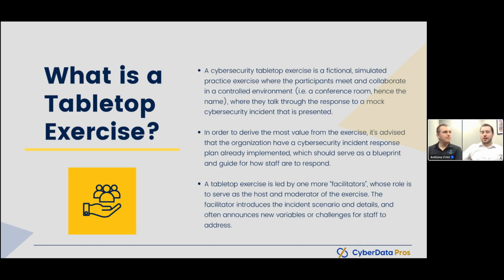So something like an incident response plan, if you don't already have one, we'd highly recommend writing and implementing one before conducting one of these, because that'll serve as the blueprint of how you would go about this. And as you mentioned earlier, the playbooks is a good point to mention as well. Even if maybe in your specific organization, maybe it's 10 people or less, these huge plans may be kind of a lift.